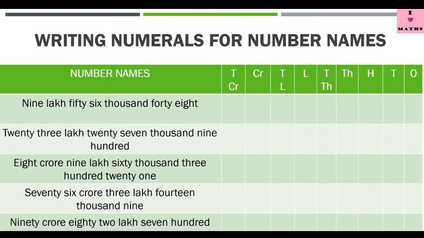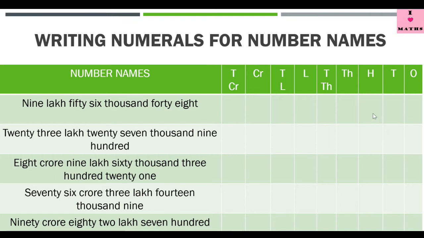So 9 lakh means we will write 9 in lakhs column, 56,000, 5 in 10,000s column, 6 in thousands column will make 56,000. 48. 0 in hundreds column, 4 in tens column and 8 in ones column will make it 48.